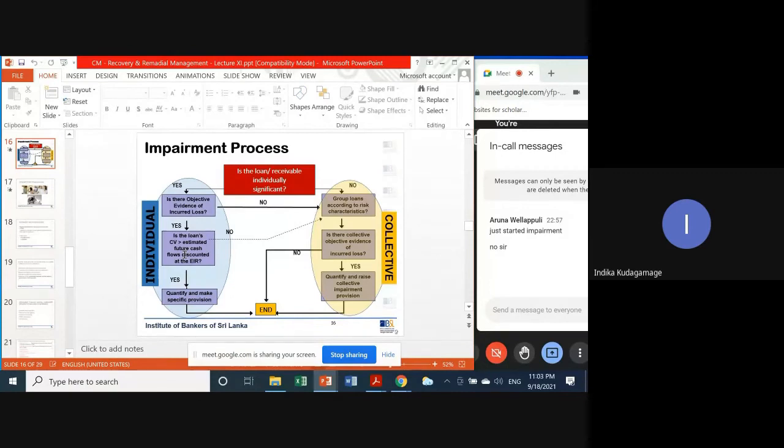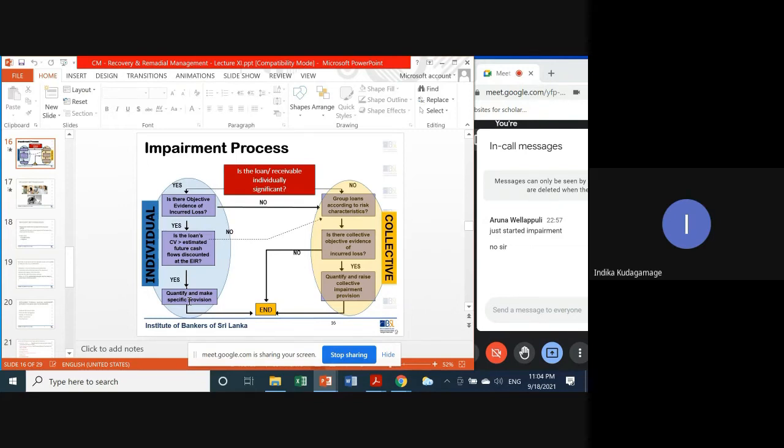If it is 0 or positive, you put that facility's exposure also here. Right? Wherever present value is less than the outstanding, you have to quantify that and make a provision. That is called individual impairment.